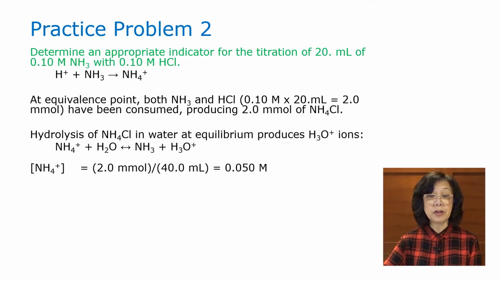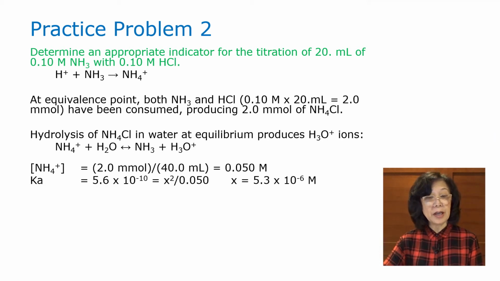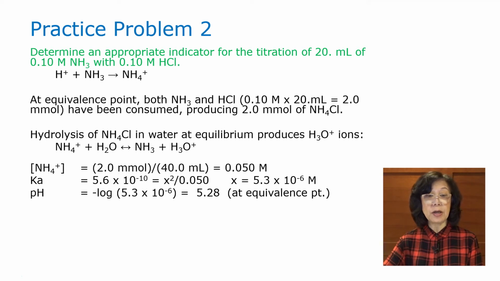So the concentration of the hydronium ion is actually determined by the ammonium ion. The ammonium ion is 2 millimole over 40 milliliter, which is 0.05 molar. And using the Ka value to solve for it, we now determine the hydrogen ion to be 5.3 times 10 to the negative 6 molar, and pH at the equivalence point is 5.28.